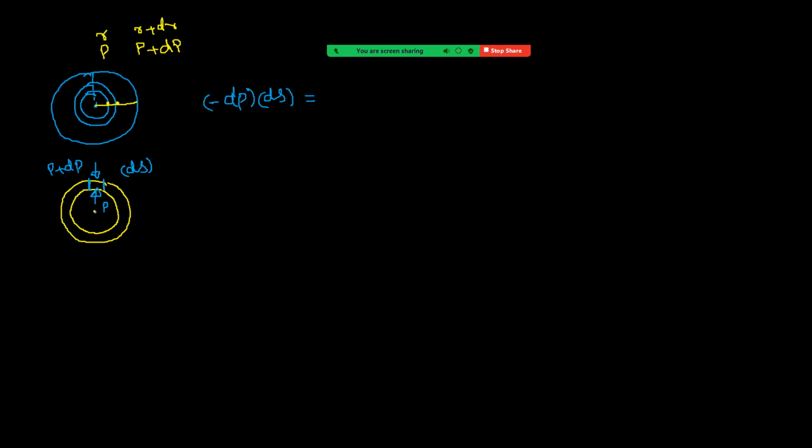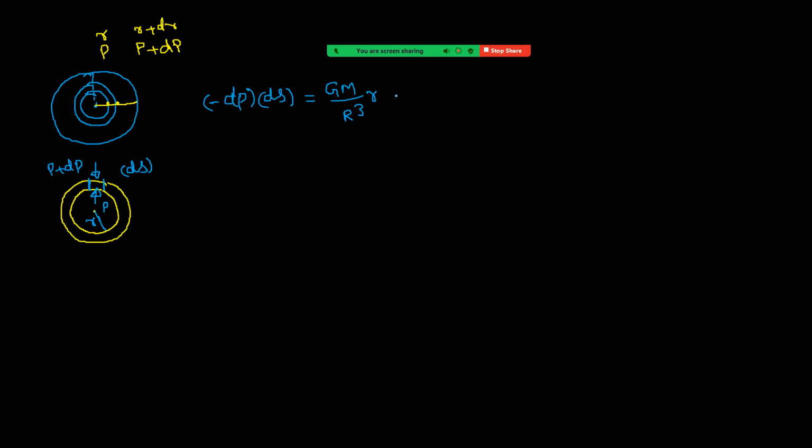This is now at a distance r. At a distance r inside a solid sphere, the gravitational strength is GM by R cube into r, where G is the gravitational constant, into the mass of that element.